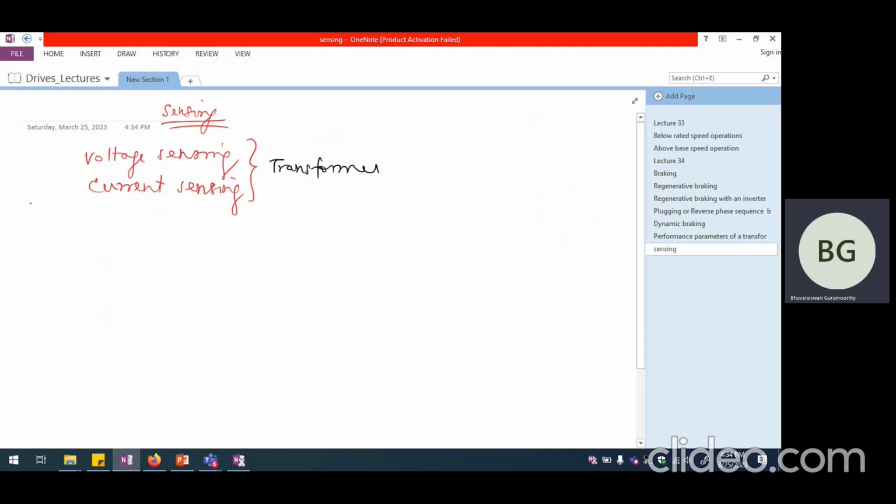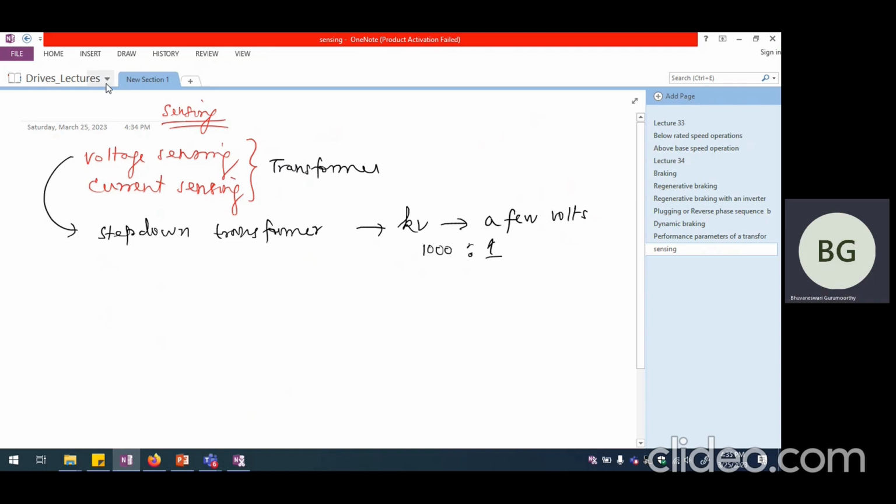In the voltage sensing case, it has to be a step down transformer, which means if I want to measure kilovolts, the voltage has to be stepped down to a few volts. So in that case, I am going to have something like 1000:1 as the turns ratio.